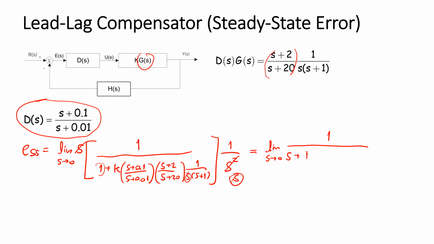And we have K, S plus 0.1 per S plus 0.01, S plus 2 per S plus 20, and 1 per S plus 1, because the S already canceled.